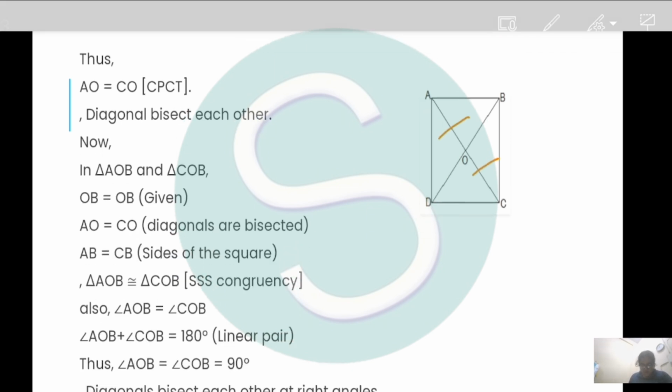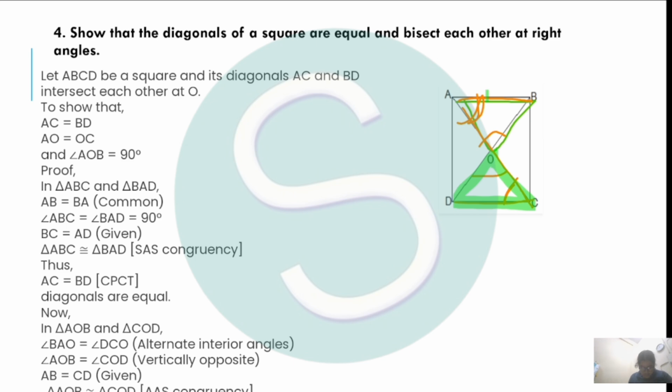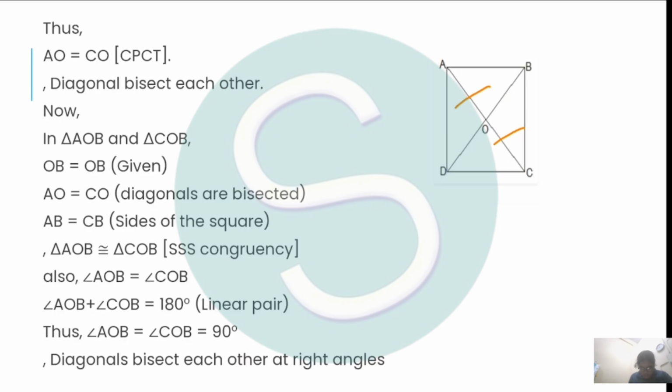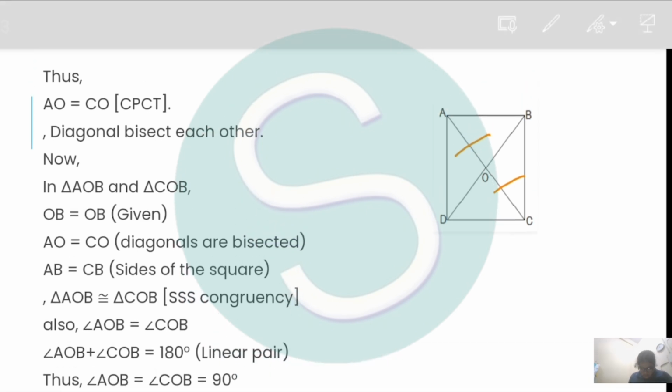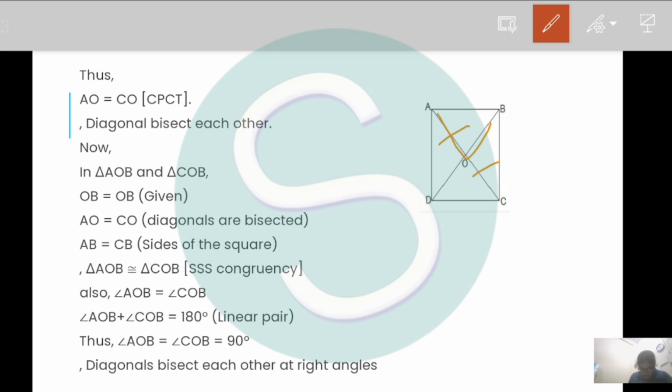So we have proved two things till now, that is first the diagonals are equal and secondly OA equals to OC. Now we will consider triangle AOB and triangle COB. These two triangles we will consider. हमें पता है OB is equal to OB because this is a common side.